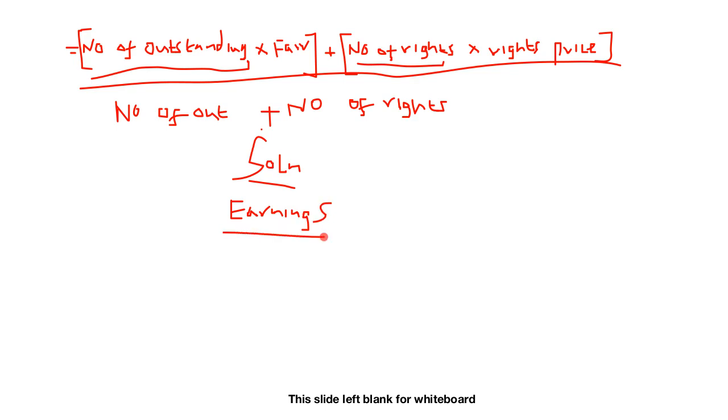So remember, we said that the earnings attributable to ordinary shareholders will be the earnings after we have deducted the preference share dividend. So we need to get the post-tax net profit, and then we less the preference dividend from it.